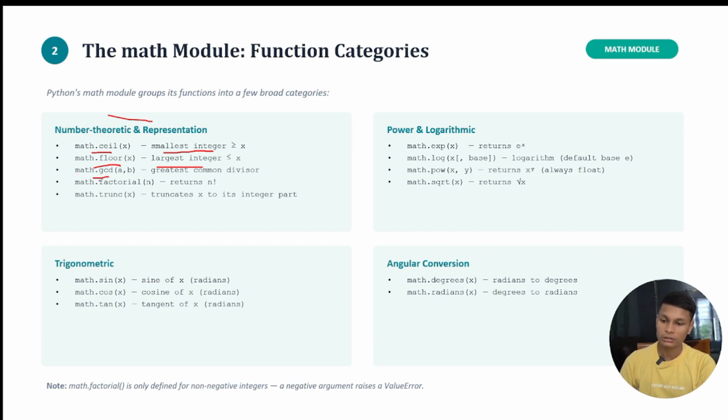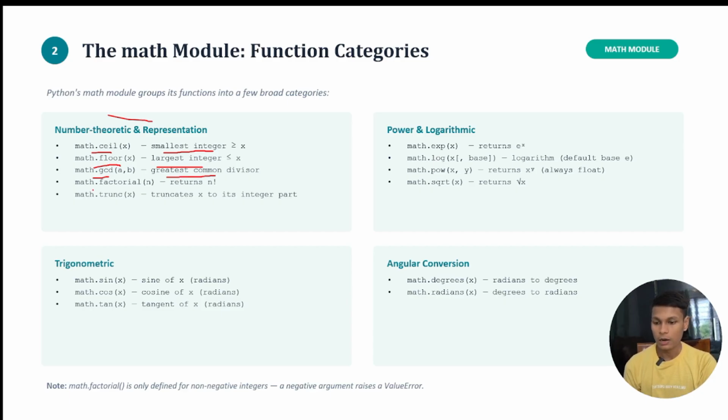So math.gcd with the values of a and b, because two values are required for calculating GCD. That's why the inbuilt gcd function is there in math. If the question mentions that you have to print the GCD, you have to use import math, after that math.gcd, the value of a and the value of b. It will give you the greatest common divisor.